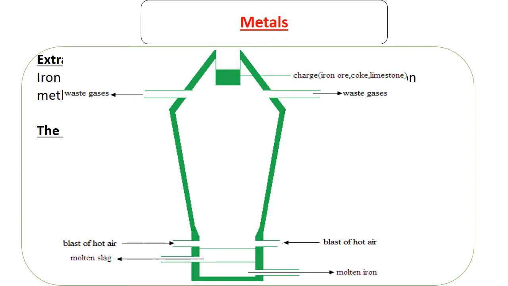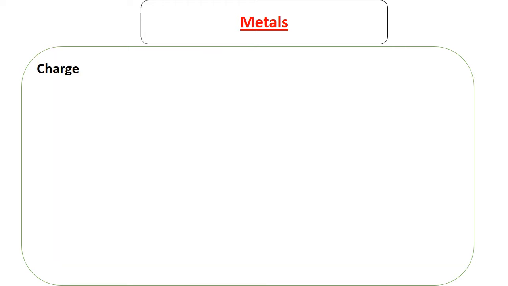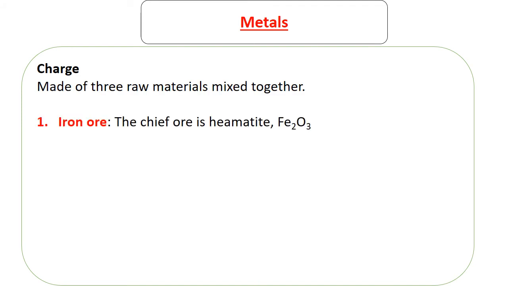Let's just go through everything that I've said step by step, looking at each and every equation that occurs at each and every stage. I've talked about charge, which is made of three raw materials mixed together. The first is the iron ore, which is chiefly hematite.